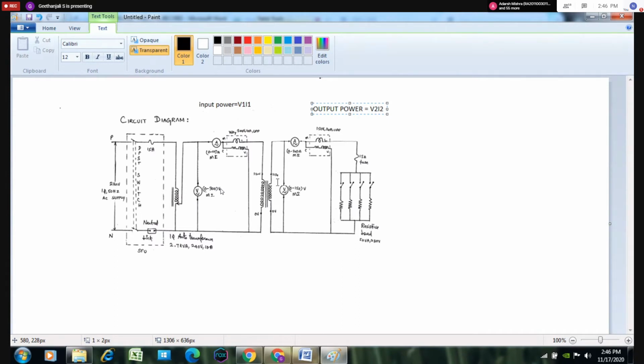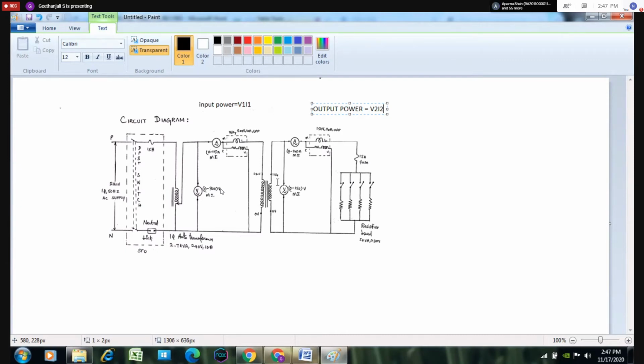Ma'am, 230 divided by 115. So the primary voltage is 2 times the secondary voltage of 115. So the ratio is 2. Ma'am, 2:1. Yes, 2:1.